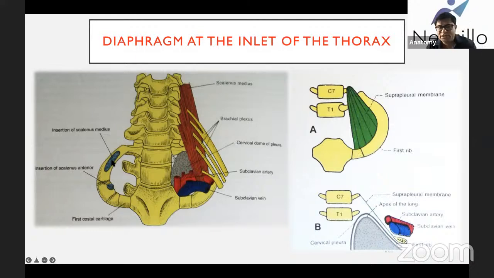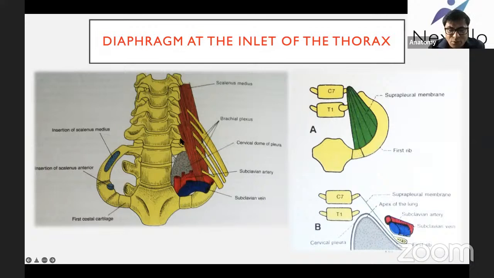There's also a muscle called scalenus posterior, but that is attached to the outer border of the second rib. It's not related to the first rib. So we'll just focus on scalenus anterior and scalenus medius. Between them they provide a passage for the subclavian artery, on both sides, as well as the trunks of the brachial plexus to emerge out.